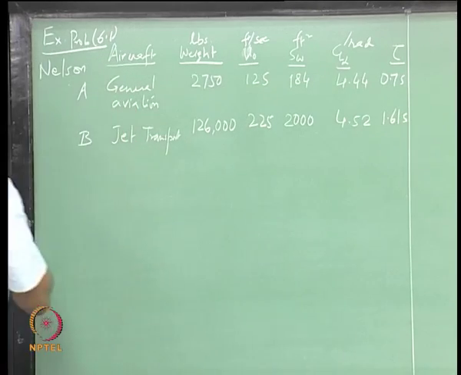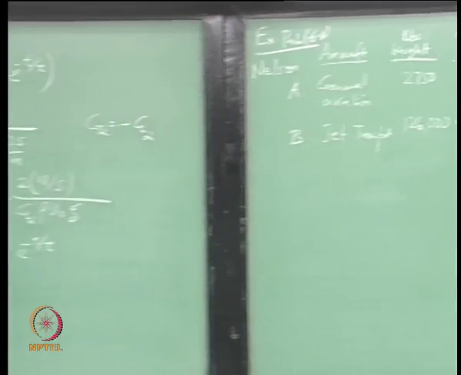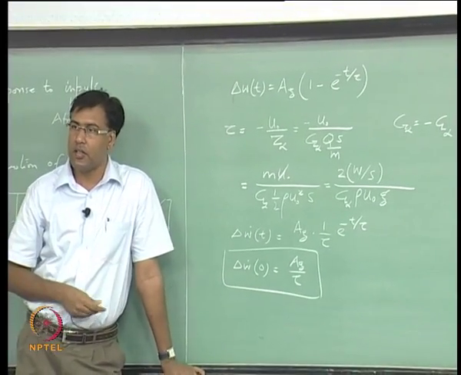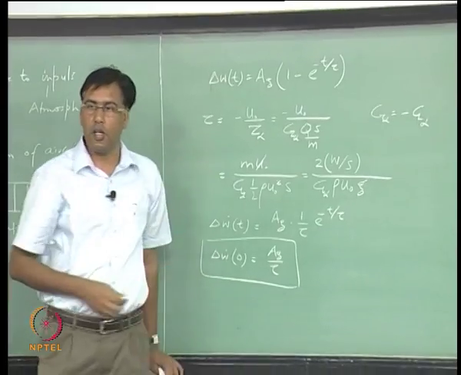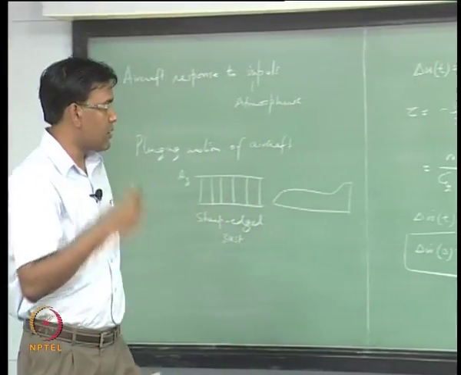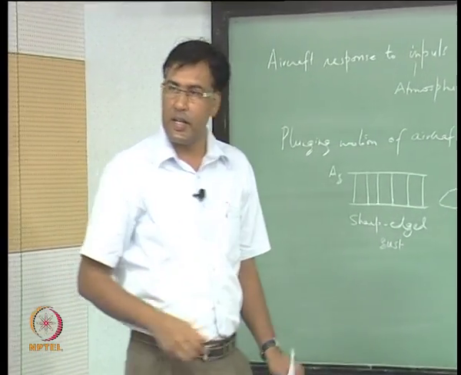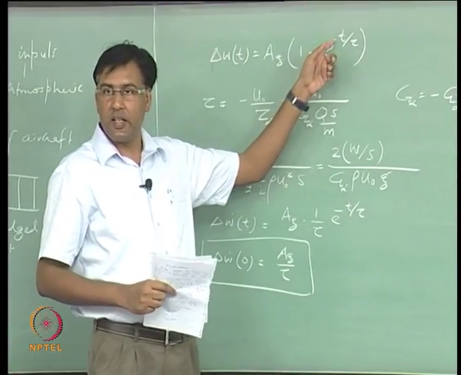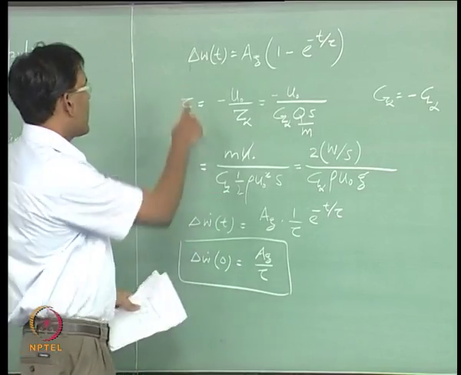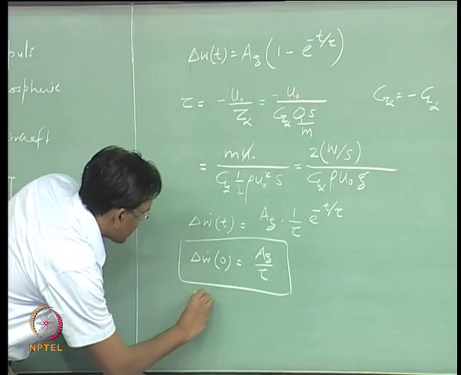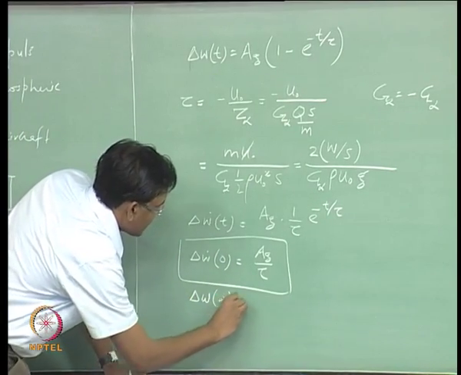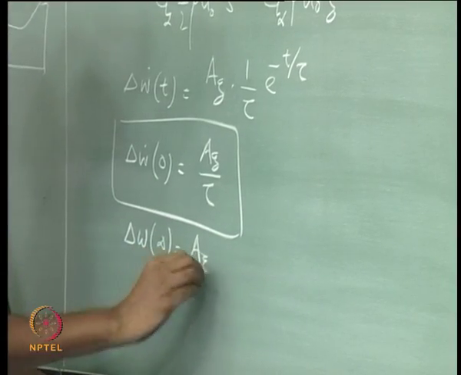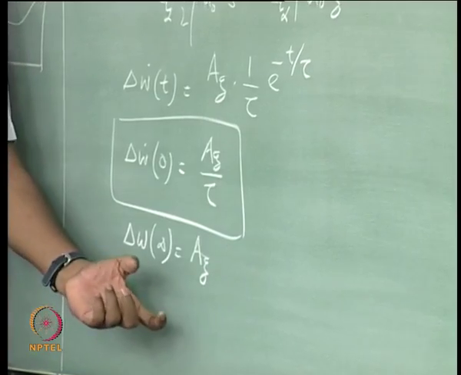You also need to find out what is the acceleration at time t equal to 0, right. That is the maximum acceleration that you have, and it is going to take you to the steady state, right. When t approaches infinity, the value of delta w is going to be a constant, right, and that is depending upon the amplitude of the gust.